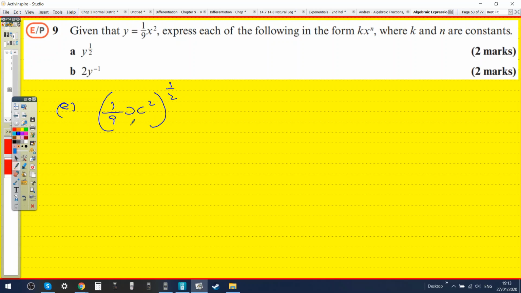Hold on. Put into your calculator 1 over 9 to the power of a half. It's a third. Yeah. So I thought, is the answer just a third x? Yes. Power of a half is the same as square root. And try B.